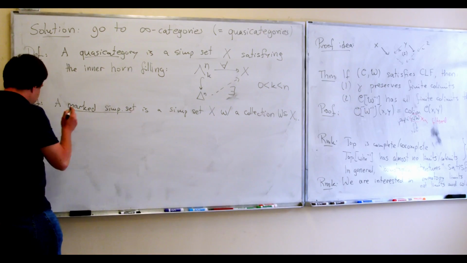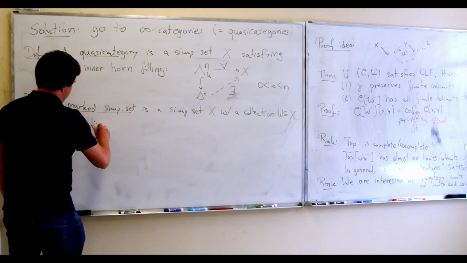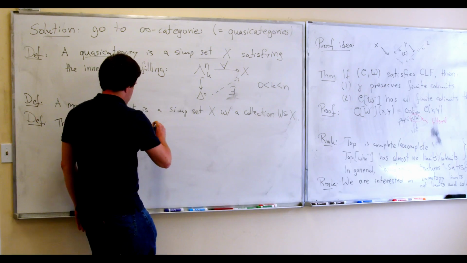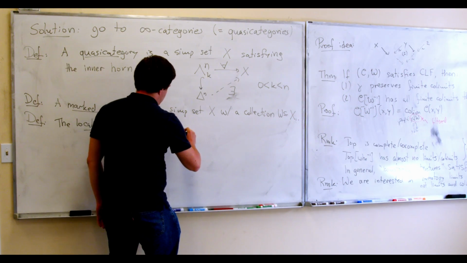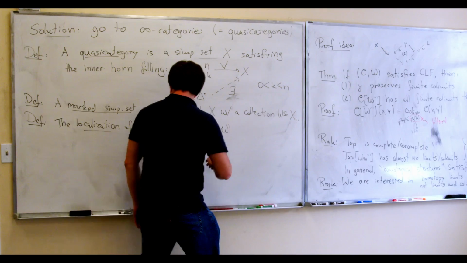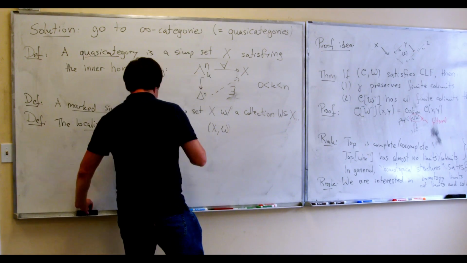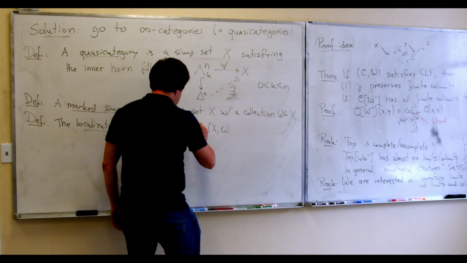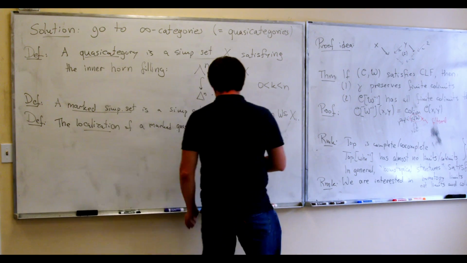So what is the localization? So the localization of a marked simplicial set X W. In fact, sorry, I'll make it a quasi-category just to make things slightly correct. That's one of the objectives here.